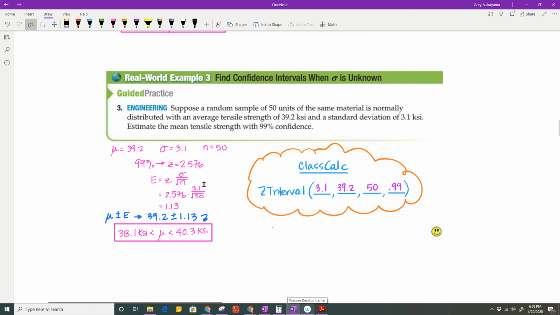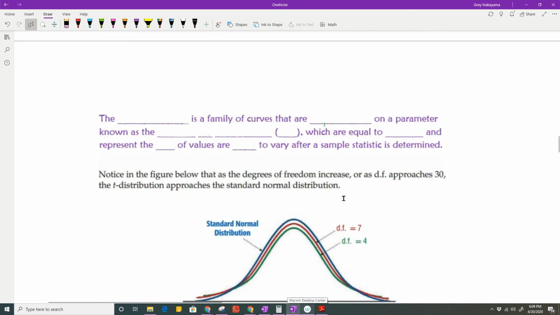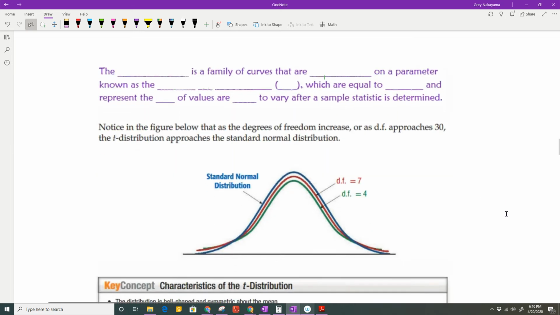The next thing we have to talk about is that sometimes you don't know the standard deviation of your population, or your sample size might not be greater than 30, in which case it's not a true estimate. So they have something called a t-distribution, which is a family of curves dependent on a parameter known as degrees of freedom, equal to n minus 1, representing the number of values that are free to vary after a sample statistic is determined.